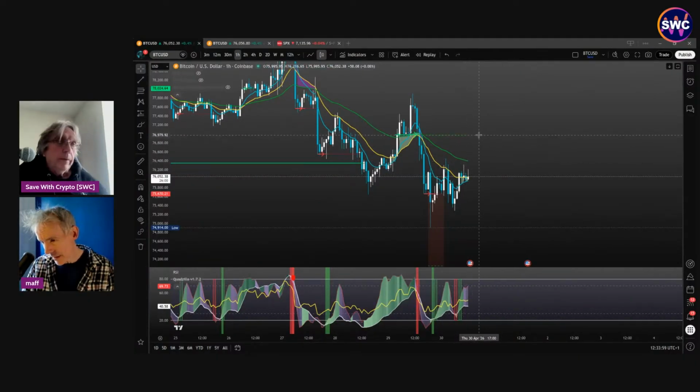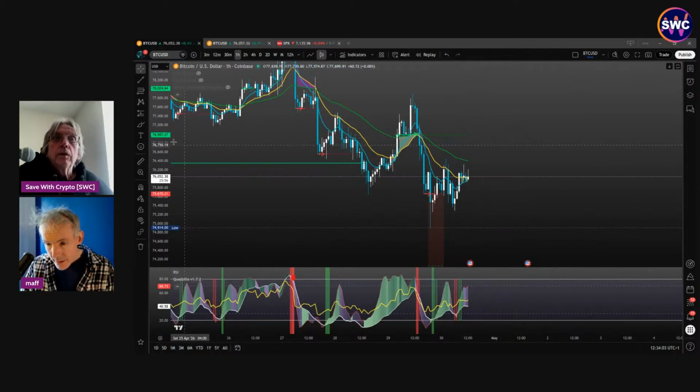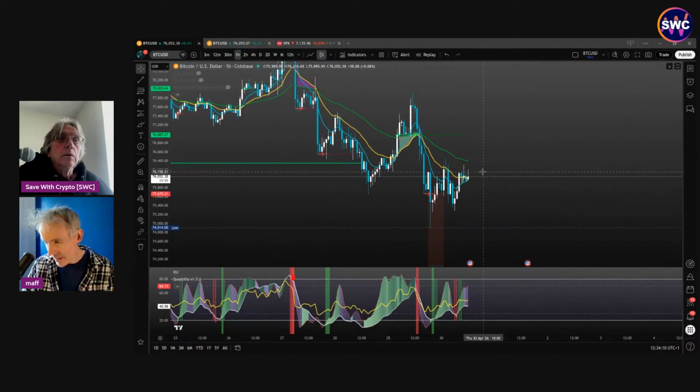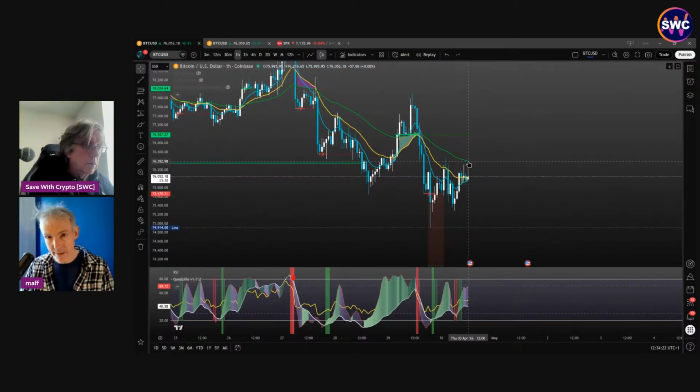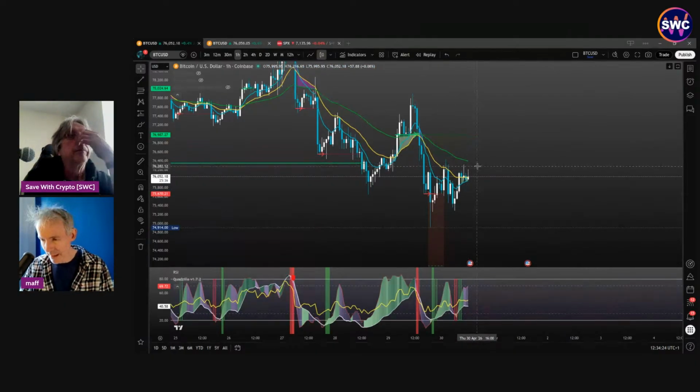So it'll either come up to touch there, as I was saying, like 76.9. Notice that 76 is just at 76 pretty much. That might be a bit ambitious, a whole 1K climb up, or it may come up to just touch the 55 and bounce off there. That could be the extent of this little rally pump.